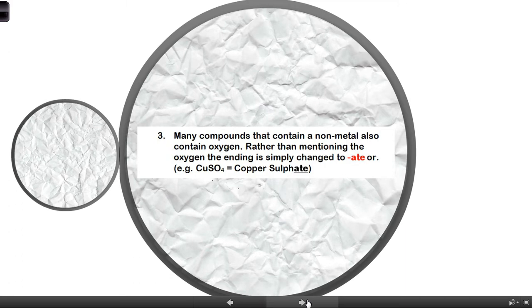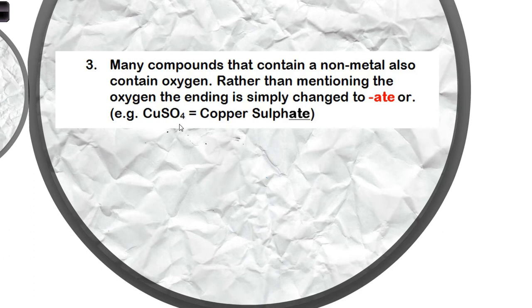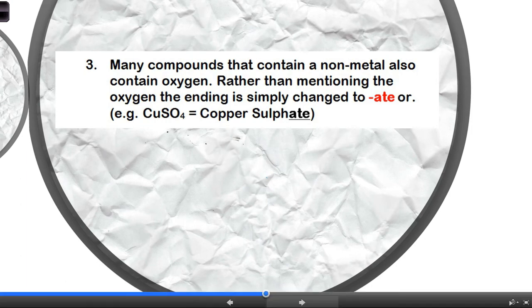We don't bother mentioning them, but the ending just changes a little bit again. For instance here, we've got copper, Cu, sulfur, and oxygen. So copper sulfate. Instead of being copper sulfide, the "ate" tells us that oxygen has come along too.